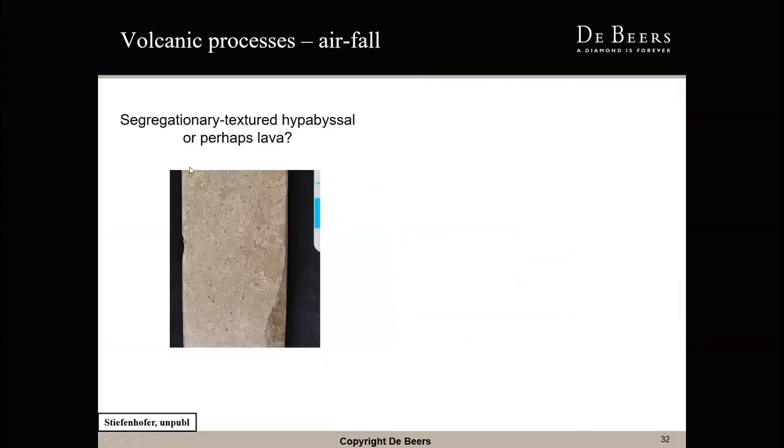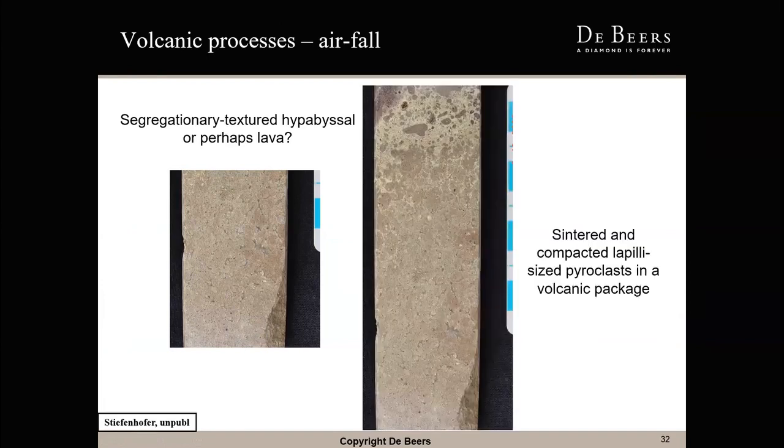Another example over here, if you have a little sample in isolation, looks very lava-like, maybe even segregationary hypabyssal. But this points to the hazards of looking at a sample out of context, because when you look at the full sample, you will actually see that it is a pile of compacted and sintered pyroclasts in a volcanic package.